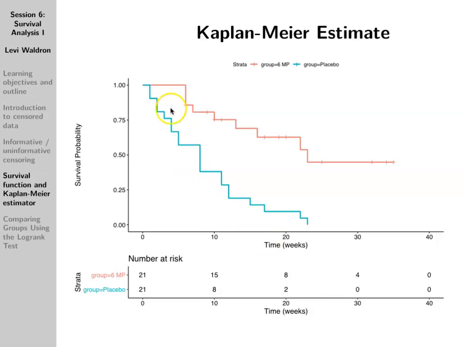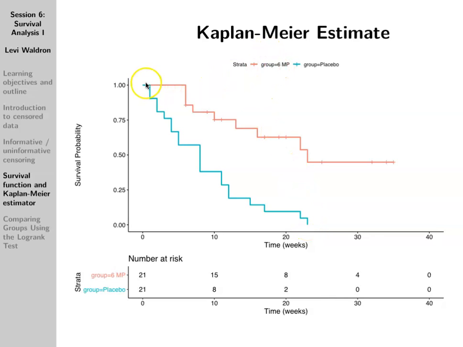And here you can see the observation we made earlier that the placebo group has very poor survival or very poor remission probability. This probability function goes down rapidly and is actually down to 0 at, I don't know, this is 23 weeks here.